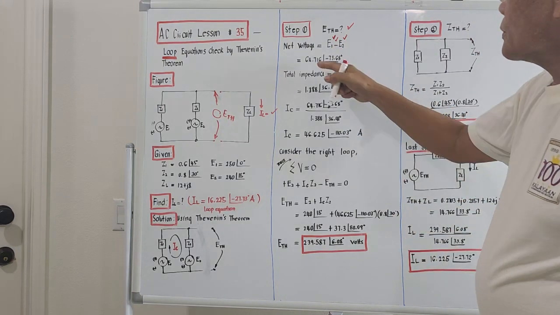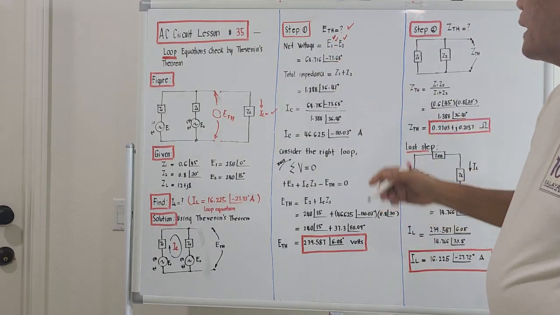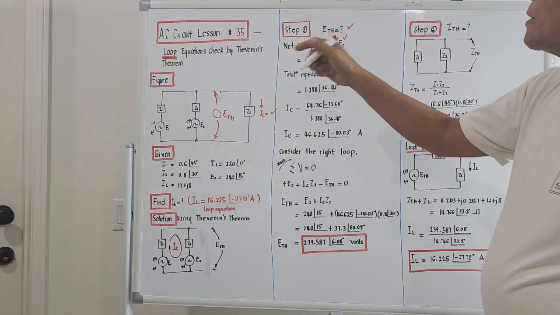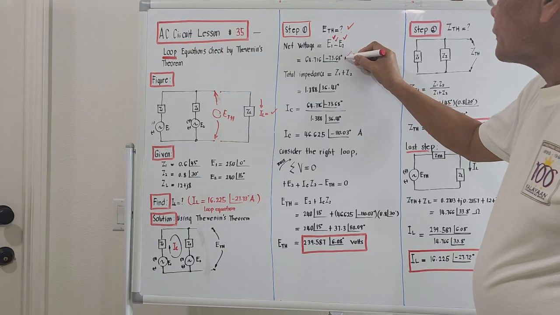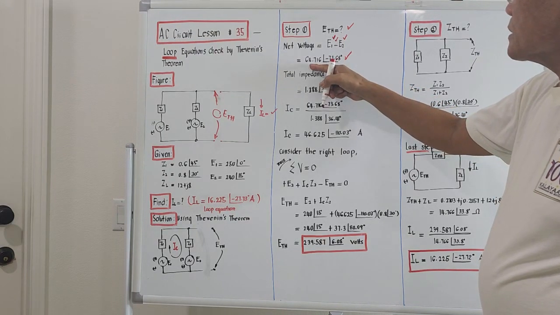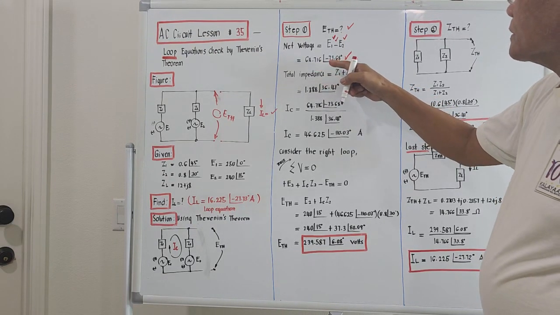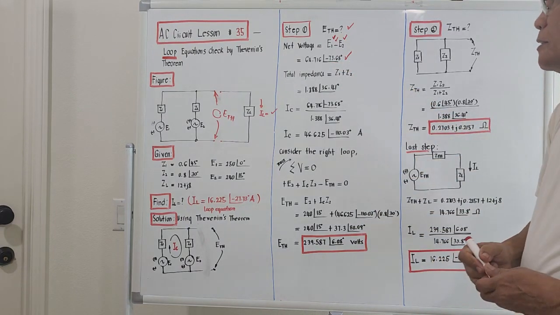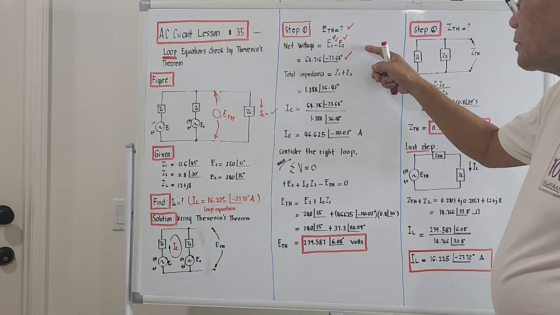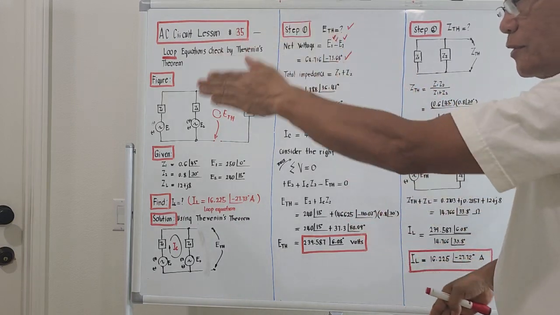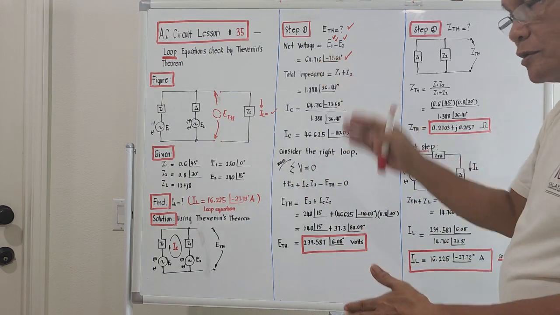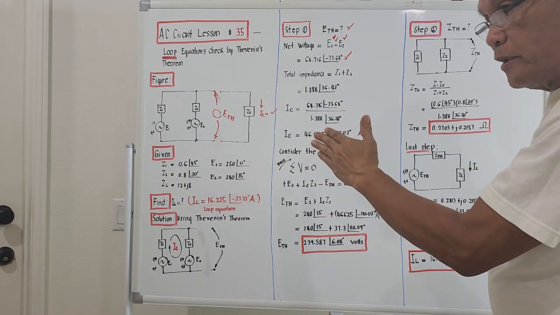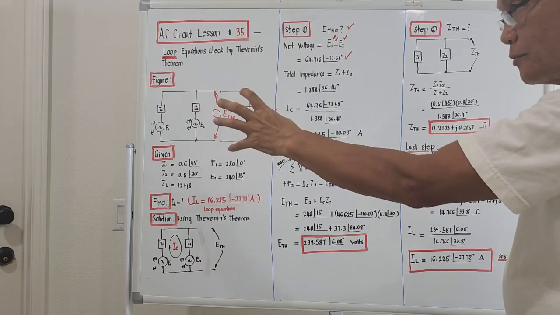If we try to compute for E1 minus E2, I think the last time around for lesson number 34, we computed already E1 minus E2. The difference is 64.716 angle negative 73.16 degrees. I will not show you the solution of this one anymore because it was given on lesson number 34. We are just continuing lesson number 34, so we will be needing some values coming from it.